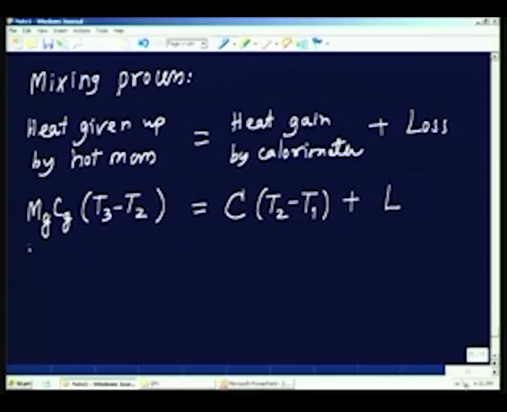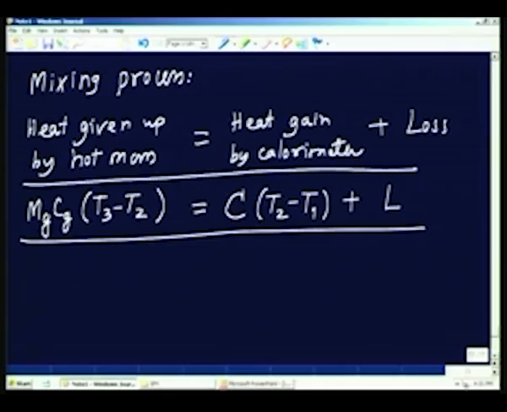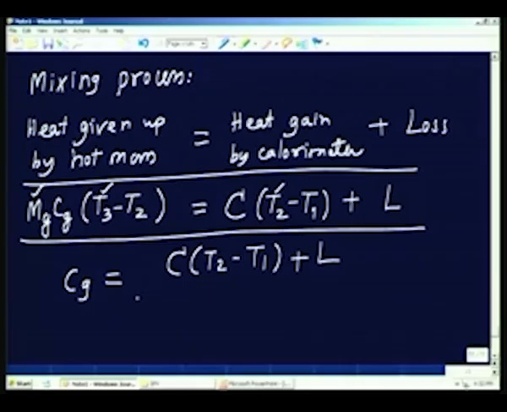So, this is the equation. I am measuring T2, I am measuring T3, and I know the mass of the solid which is transferred. I can use this expression to determine C_g as C into T2 minus T1 plus L, divided by m_g into T3 minus T2.